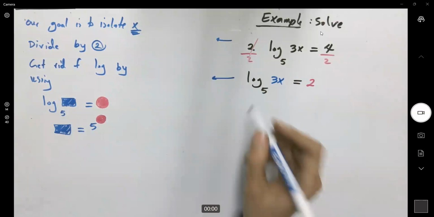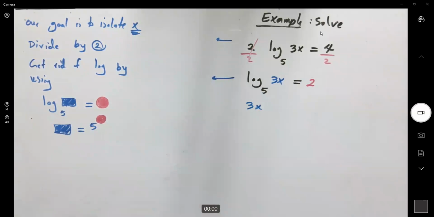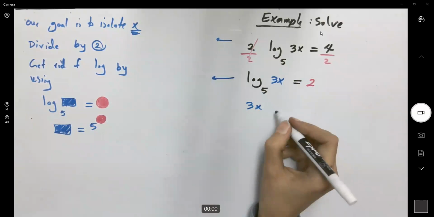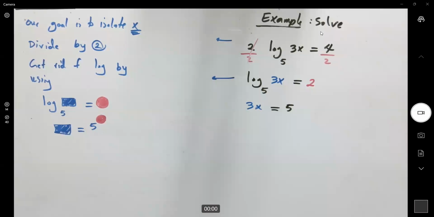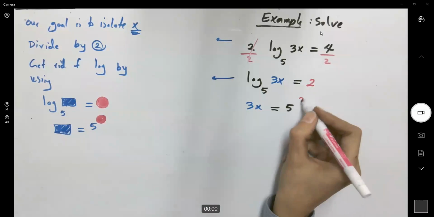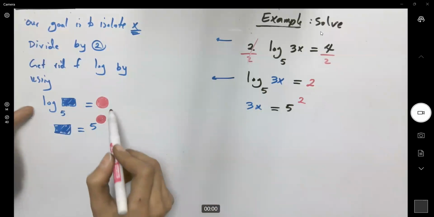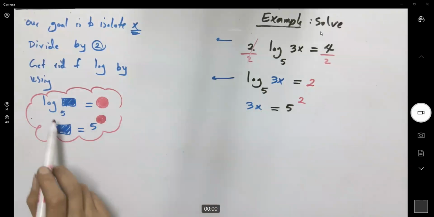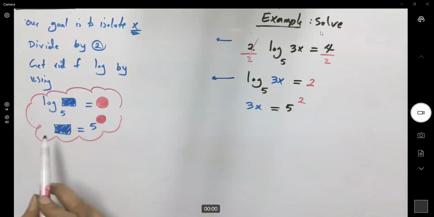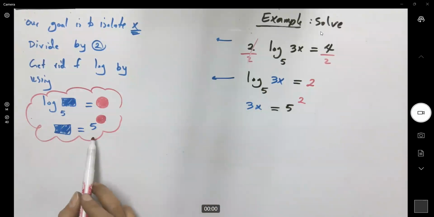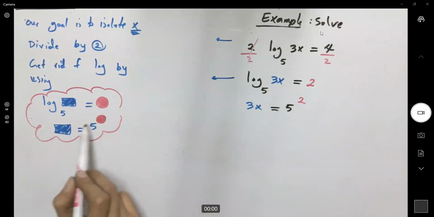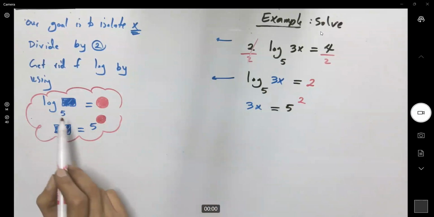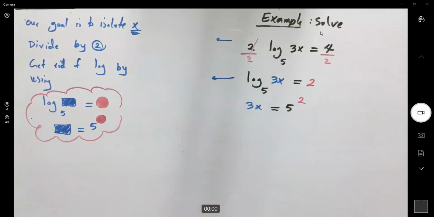So 3x is equal to 5 raised to 2. Guys, note that we use the property of logs to get rid of the log. I started with a log and ended up with something that has no log in it. It became exponential, from log to the exponential form.